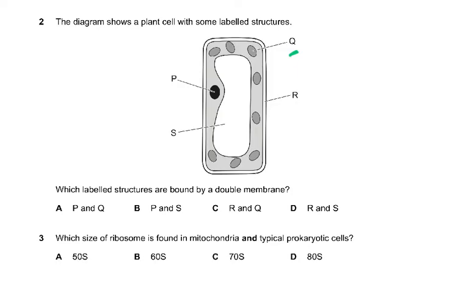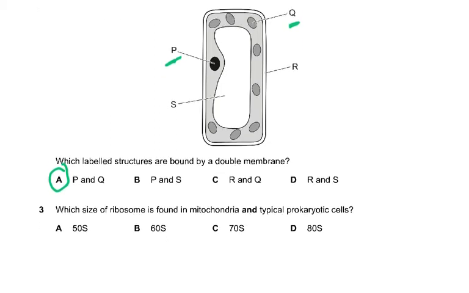So the answer to question number 2 is A, P and Q. Why? Because P is the nucleus, that's a double phospholipid bilayer, and Q is the chloroplast, which also has an outer membrane and an inner membrane and has an intermembrane space, while the nucleus of course does not have an intermembrane space. There could be another MCQ on that.